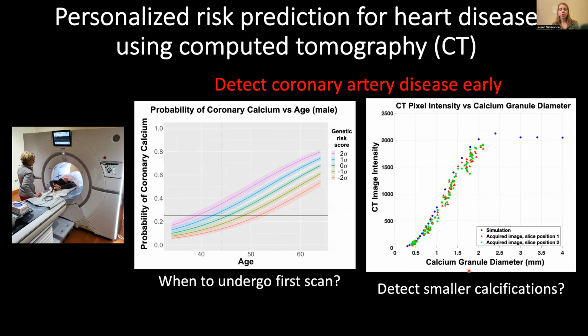The blue dots here are the results of the simulation, and the green and red markers show experimental results from the scanner. With this data, we now know both the limit of detectability of the calcium scanning protocol that's currently used in the clinic, and we know how to optimize imaging parameters to improve that protocol and identify high-risk people earlier in life.